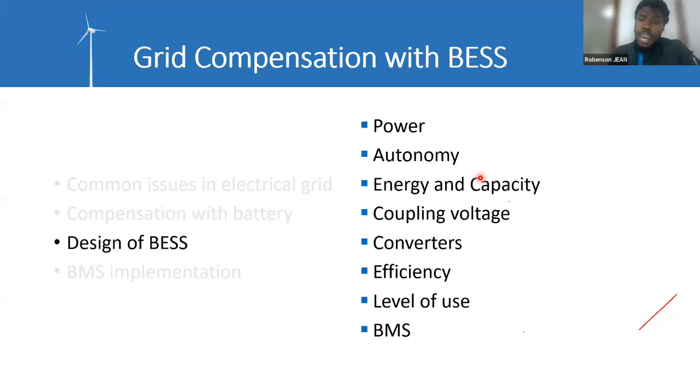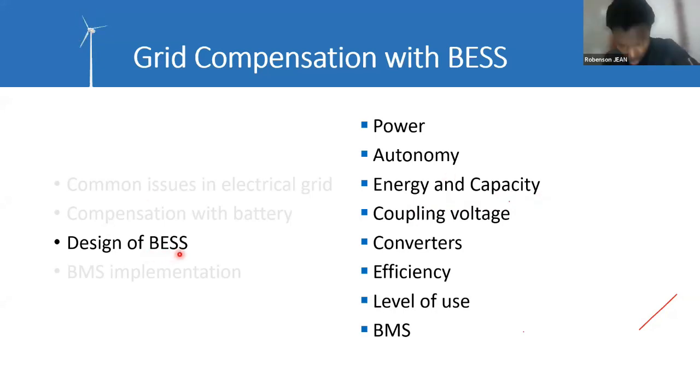So when I multiply the power by the autonomy, I will have 10 kilowatt times 2 hours. So I know that the energy that I will have to store will be 20 kilowatt hour. But this is the energy that I will have to store, but not the capacity of my battery energy storage system.